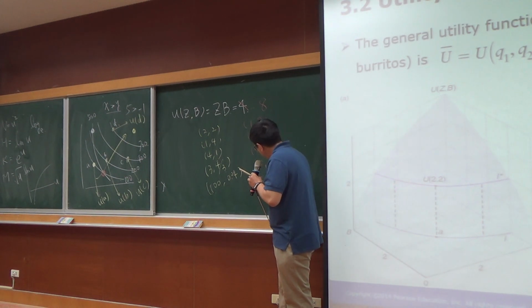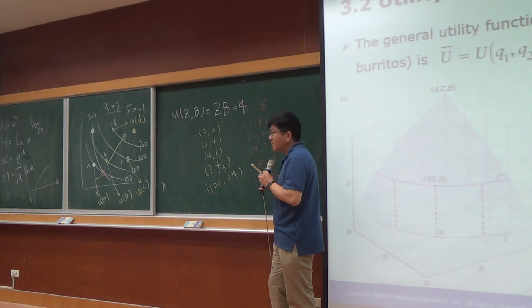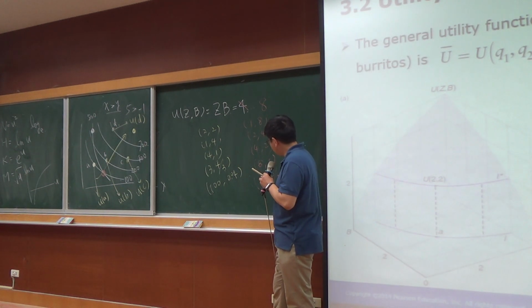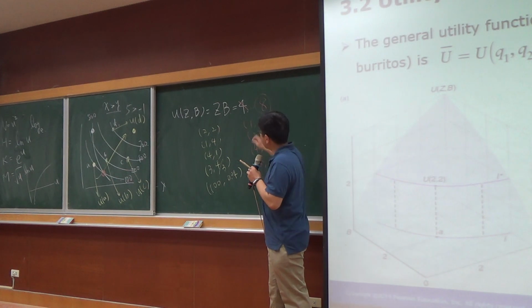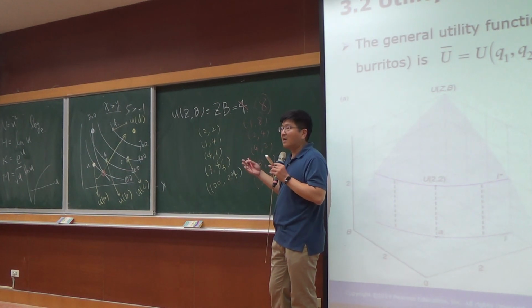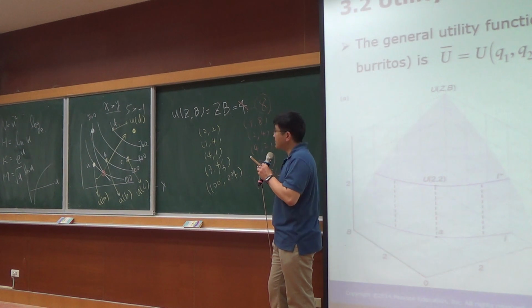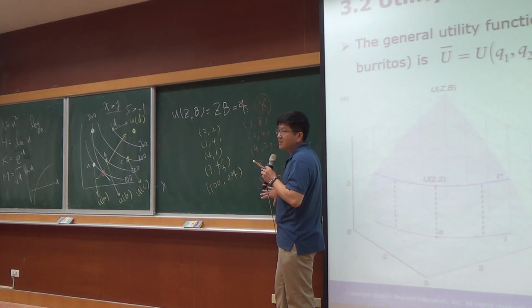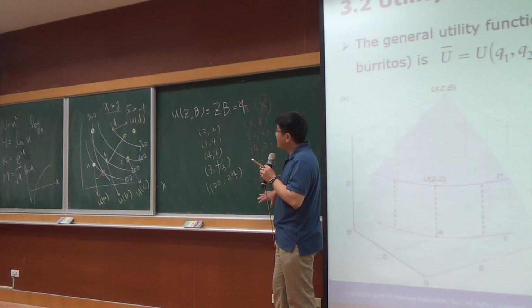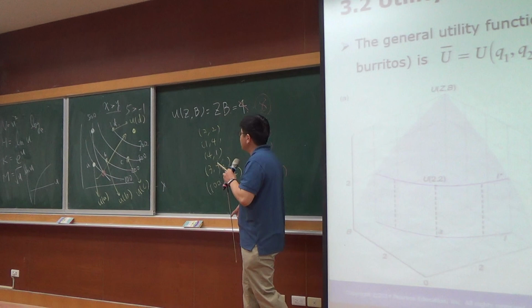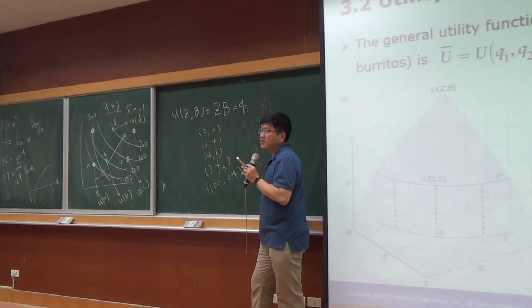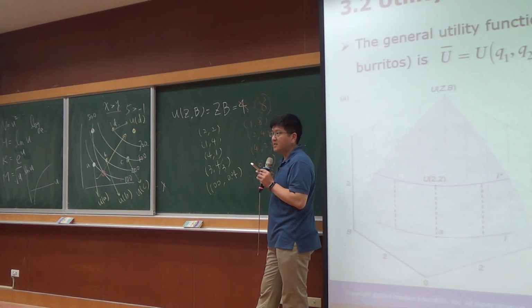Okay? All this infinite numbers of values can satisfy this condition, and all of them are on the same indifference curve. But the indifference curve for these points is different from the indifference curve of these points. Is that clear? Okay.